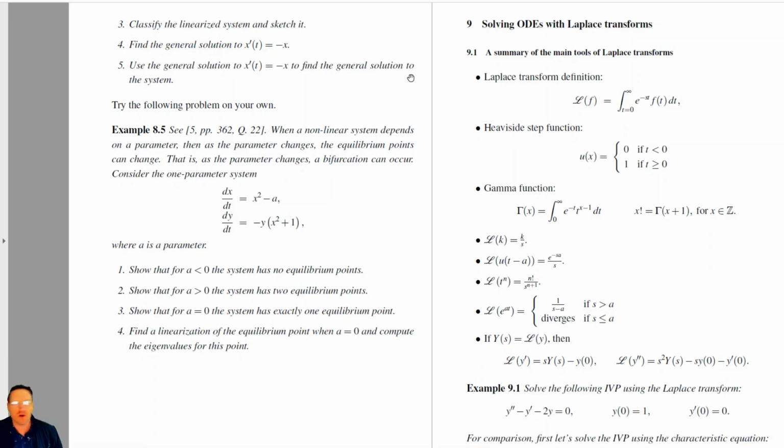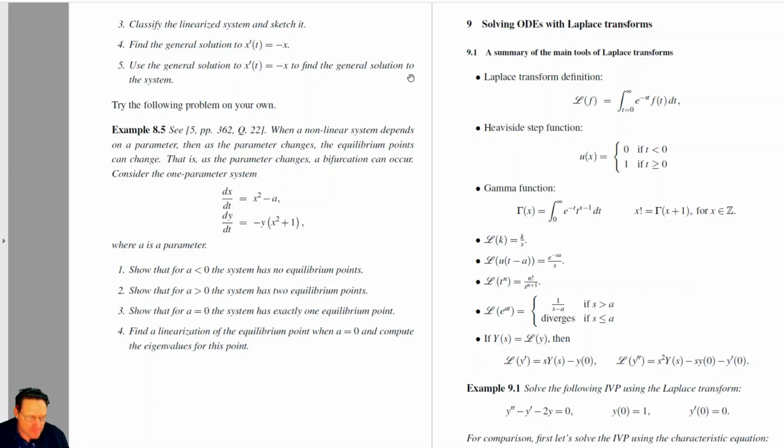I surely have this wrong, but anyway, parameters can drift over time, and then something unexpected can happen, and so you've got to go in and look at how your differential equation, how its critical points change with the drifting of the parameters, right? So you can lose a critical point altogether, for example. So that's what this exercise shows you. But you can actually study quite a lot on bifurcations.